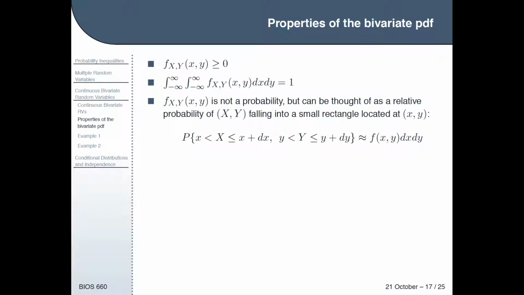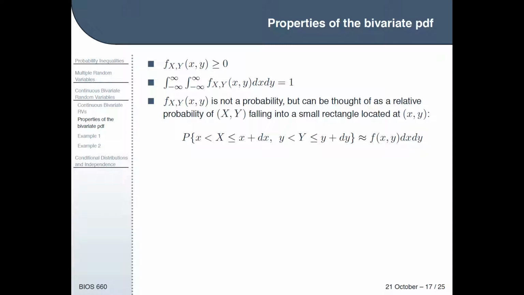And again, f of x and y is not a probability, but you can think of it as a relative probability that x and y fall into a small rectangle located at x and y. It's the same intuition as a univariate PDF: the PDF for a continuous random variable doesn't give you an exact probability, because the probability of observing any particular value of a continuous distribution is always 0.